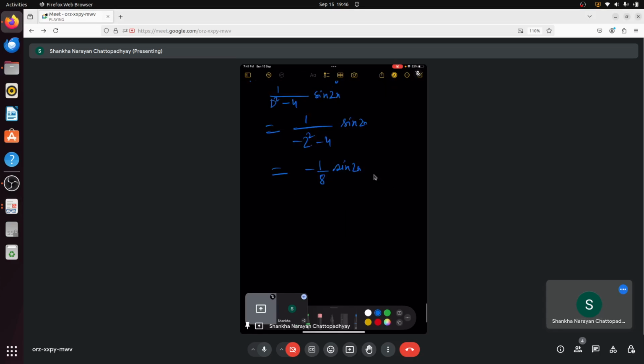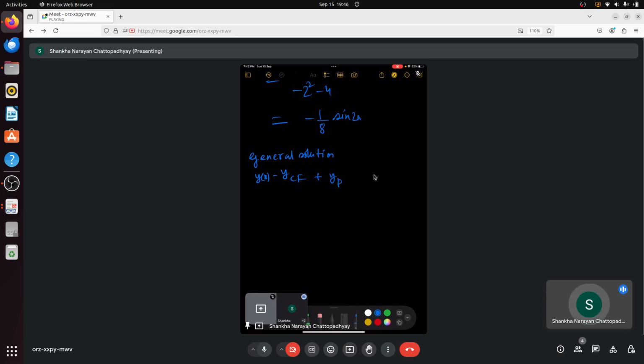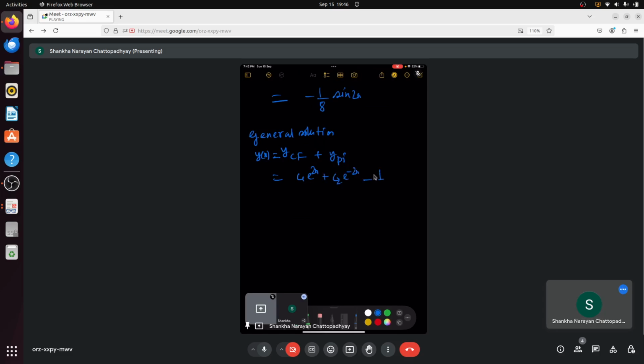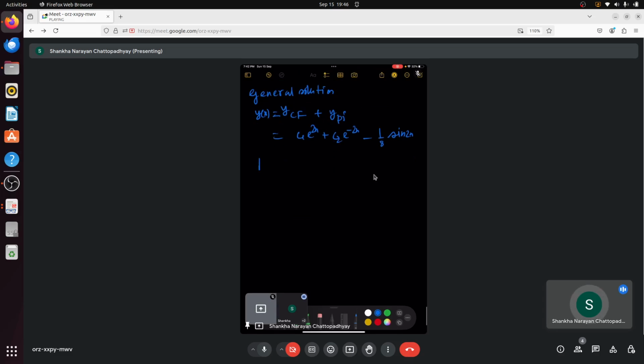Okay, so you have two solutions. First of all, the general solution. For the general solution, you need to add the complementary function plus the particular integral. For your YCF you get c1 e to the power 2x plus c2 e to the power minus 2x. Your YPI is minus 1 by 8 sin 2x, and also your particular solution.